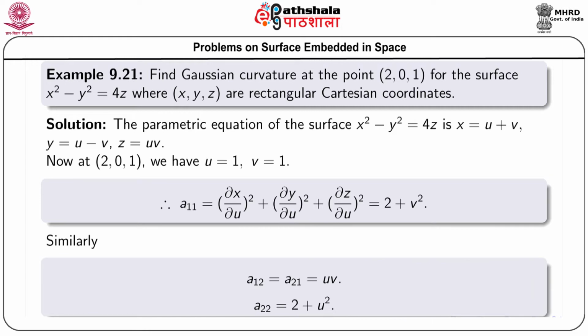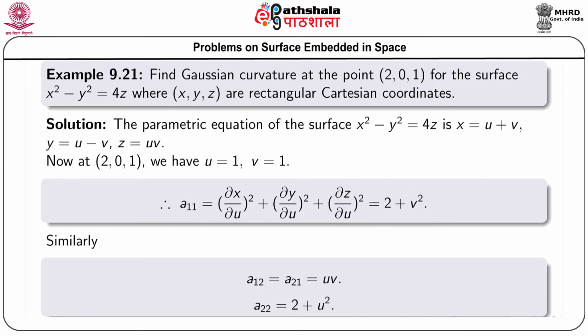Similarly, as we have obtained a11 which is 2 plus v square, a12 which is equal to a21 is equal to u v, and a22 will come to 2 plus u square. So, we have obtained the three coefficients a11, a12 and a22.